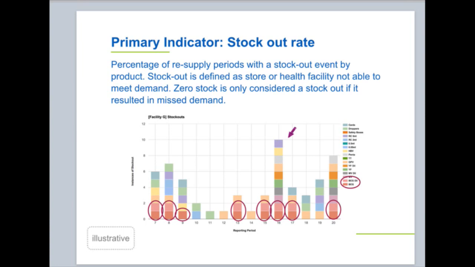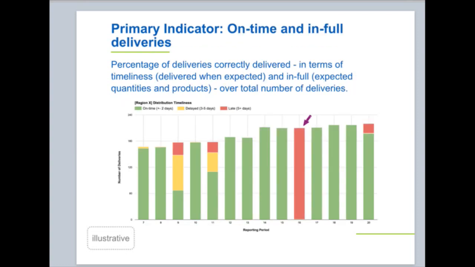Maybe the deliveries are not coming, maybe the deliveries are not on time, maybe there are other things. So then we can look at where the delivery is coming from, and we can see here again that in week 16, all the deliveries were late. So that essentially caused all of the stockouts that we saw before.